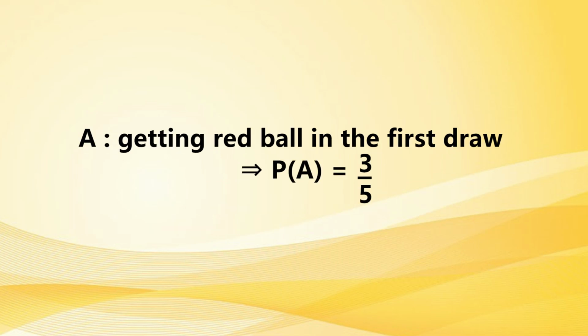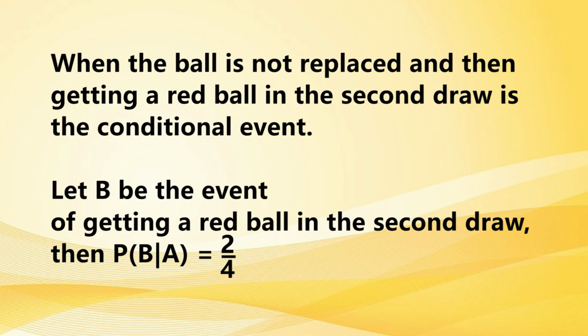Let us define event A as getting a red ball in the first draw. Then, the probability associated with it is 3 by 5. When the ball is not replaced, getting a red ball in the second draw is the conditional event. Let us define the event B as getting a red ball in the second draw.